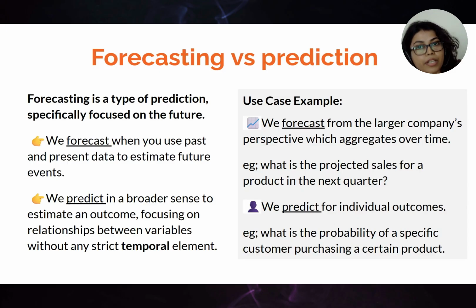While prediction is more of an individual outcome, right? If I ask what the probability is of a specific customer purchasing my product, it will go into a prediction solution. We'll build a predictive model, and that will be our solution instead of a forecasting solution. So that is basically the difference between forecasting and prediction. I hope it is clear.